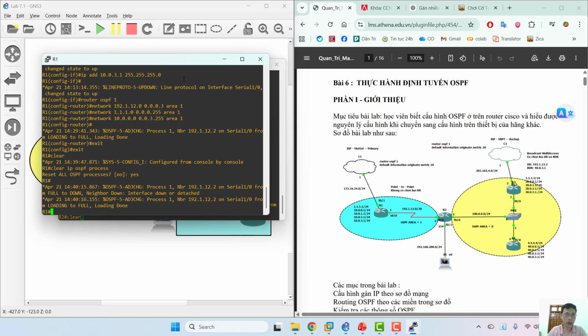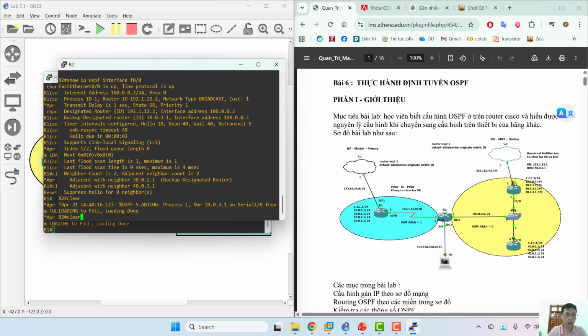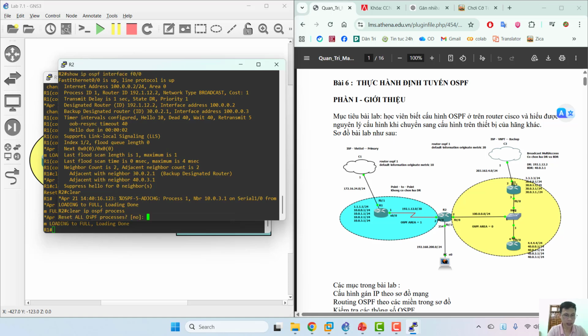Okay, now we go to router number 2 with the same line: clear ip ospf process. Yes.